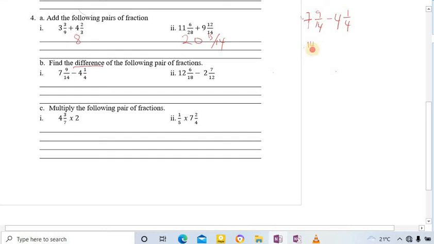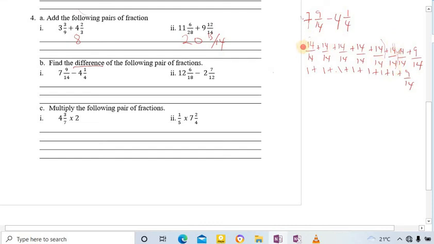So 7 is the same as 14 over 14. So this whole expression, 7 whole number 9 over 14, becomes 1 plus 14 over 14, which is 1 plus 1 plus 1 plus 1, 1, 2, 3, 4, 5, plus 1, 6, plus 1, 7, plus 9 over 14. So this is the same thing. So therefore we could take 1, 2, 3, 4, 5. We could take this, 6.